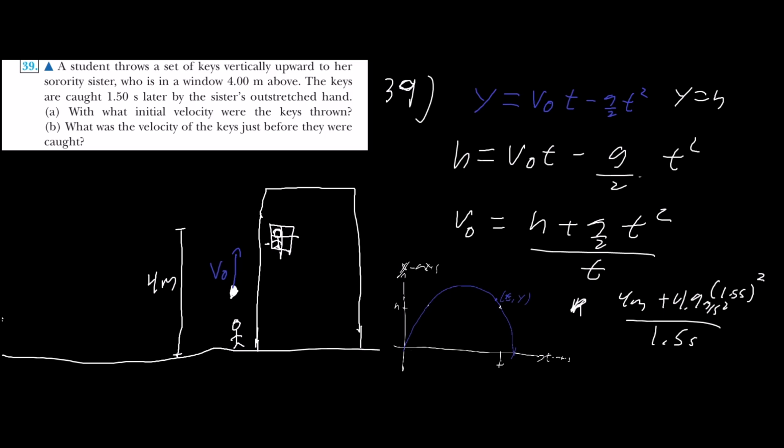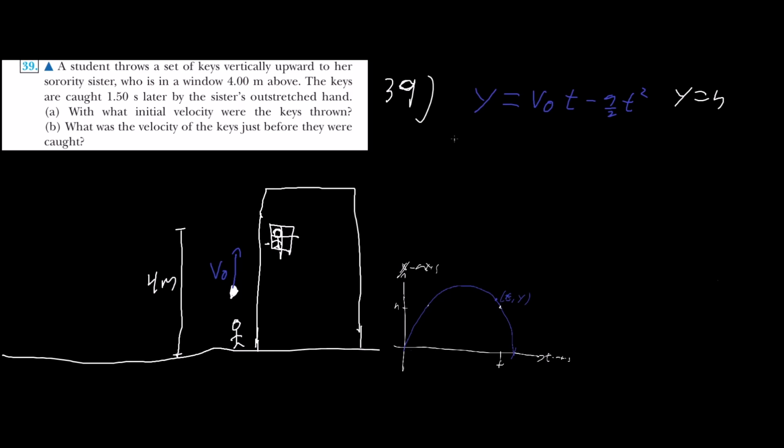I'm not sure if that's right, but let me check. Oh, that is correct. So from part A, the initial velocity is going to be about 10.02 meters per second.